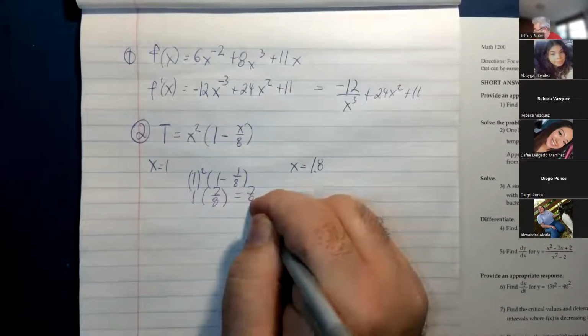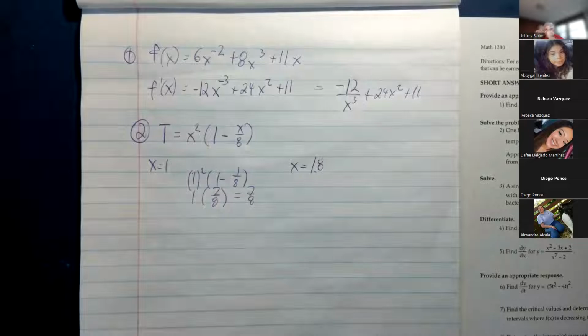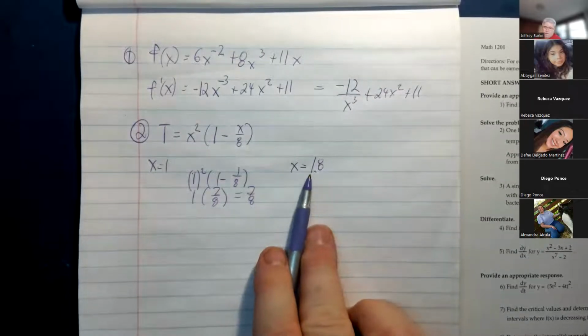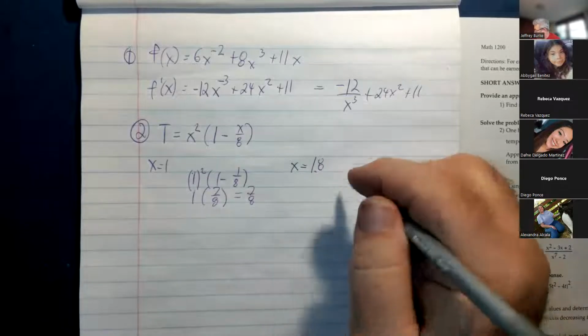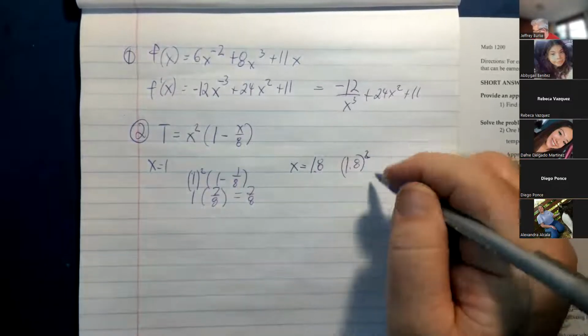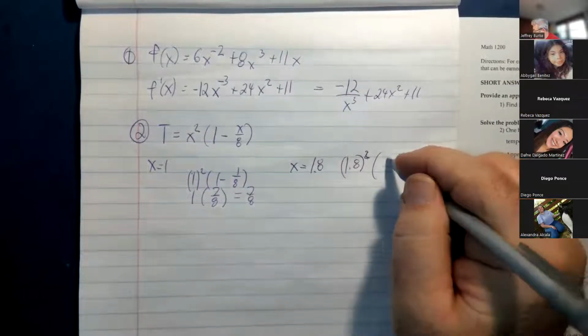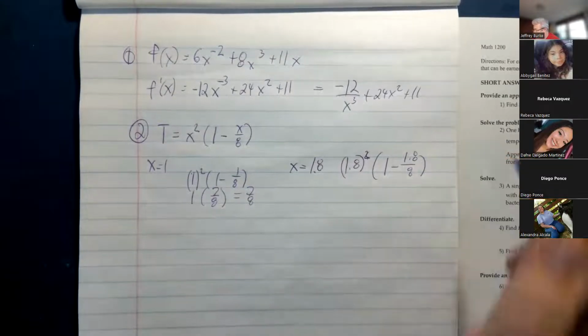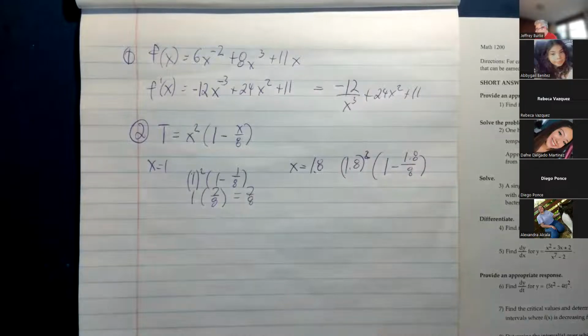That equals 7 over 8. Well, let's see what it is when we have X equal to 1.8. So that's going to give us 1.8 squared times 1 minus 1.8 over 8. Okay, a little more of a cumbersome calculation, much nicer when you have just the 1 there. So cranking that out.